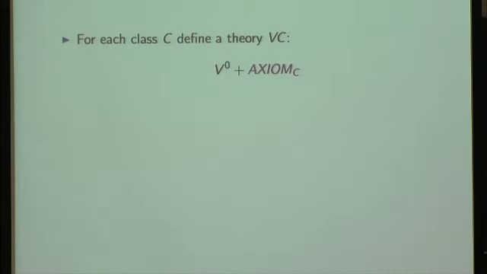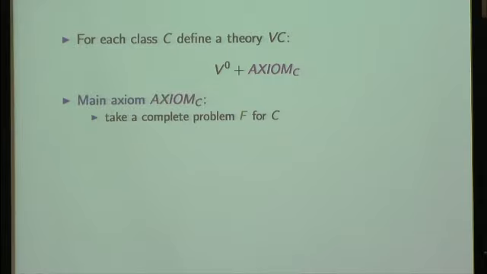Now for the classes of interest, here's what we get. For each class C in this list, we obtain a theory called VC, which is axiomatized by V0 together with an axiom that is called axiom C. So how does this axiom C look? We take a complete problem F for the class C. For example, if C is polytime, then we can take the monotone circuit value problem.